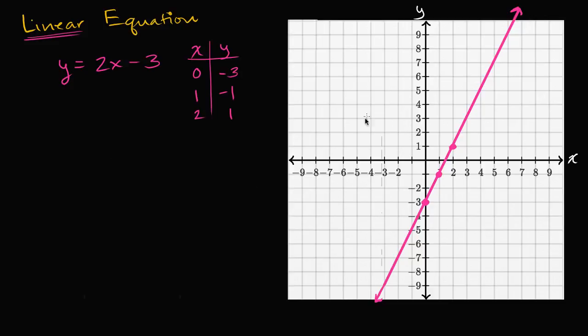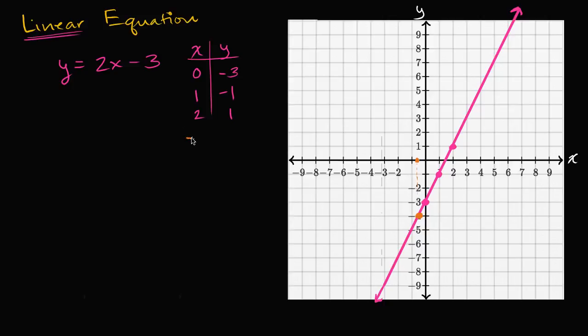So for example, let's say x is equal to negative 0.5. If we look at the line when x is equal to negative 0.5, it looks like y is equal to negative 4. That looks like it sits on the line. Well, let's verify that.